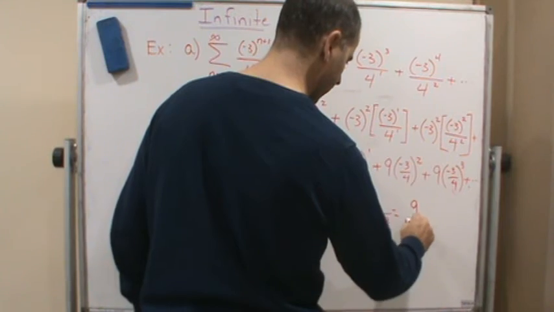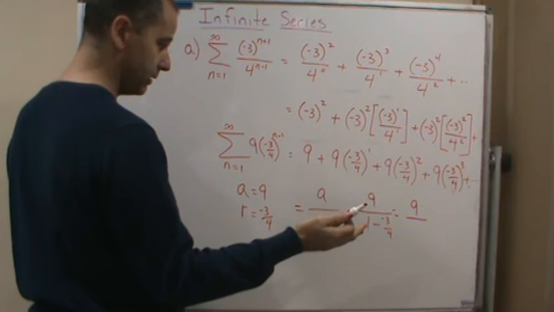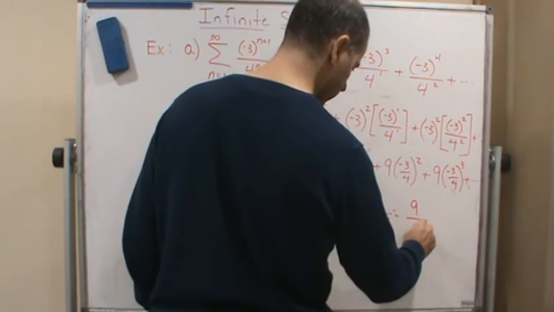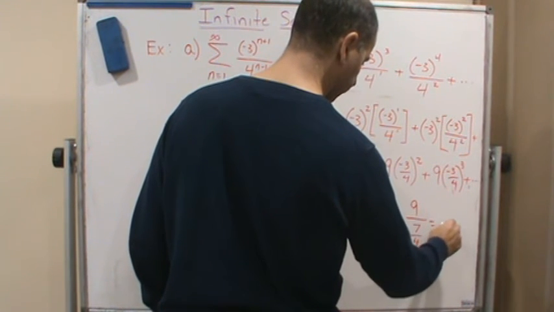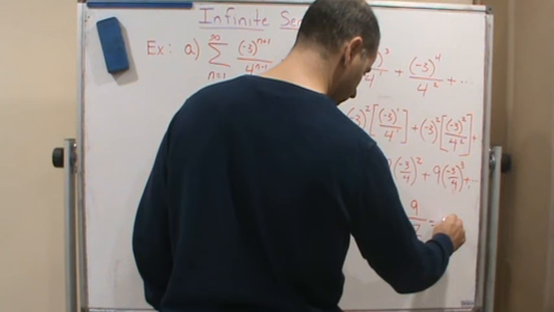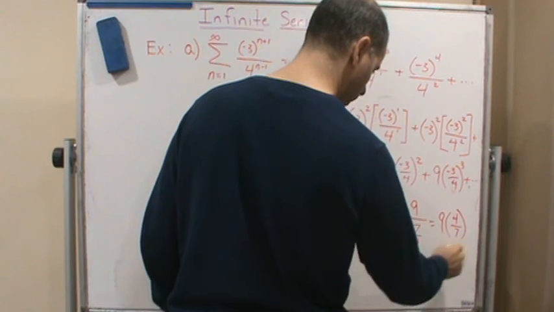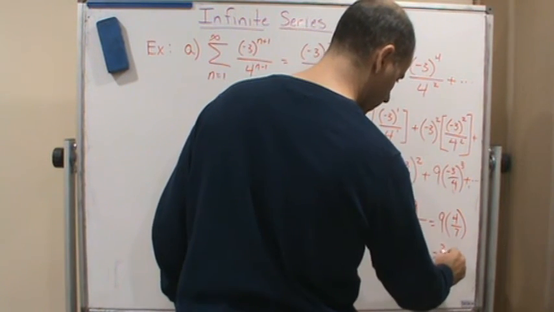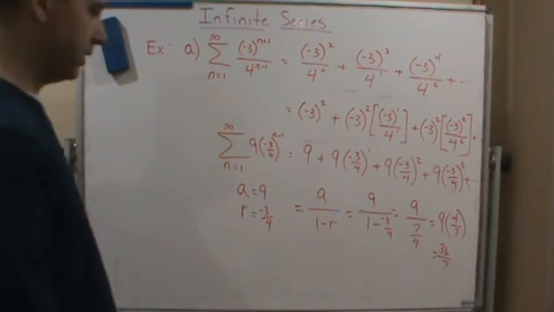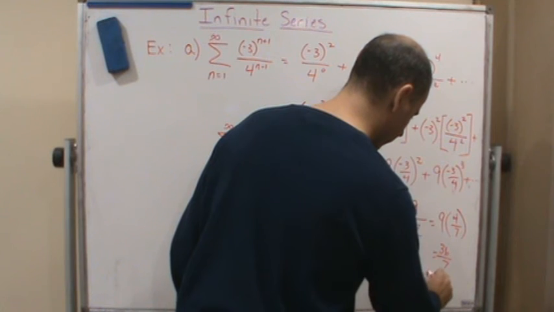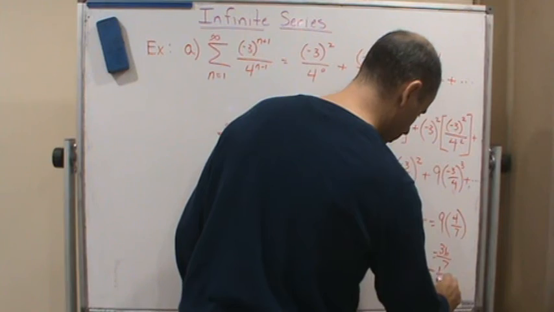So this is going to be 9 divided by 7/4, which is equal to 9 times 4/7, or in other words, 36/7, which is the same as 5 and 1/7.